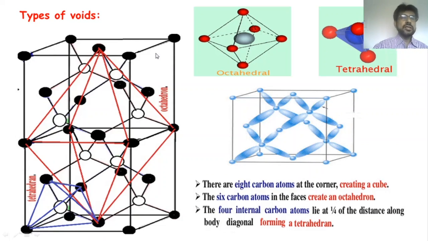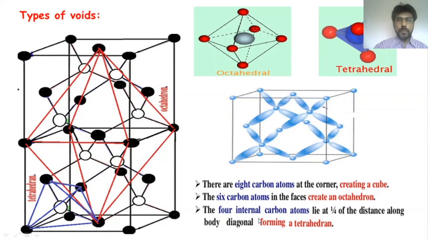That means, suppose here if we consider this is the carbon atom which is present at the center of this unit cell, and if we connect in this way, like this is the upper atom present at the center of the upper face, and this is the lower atom present at the center of this lower face, then there will be the formation of the octahedron.